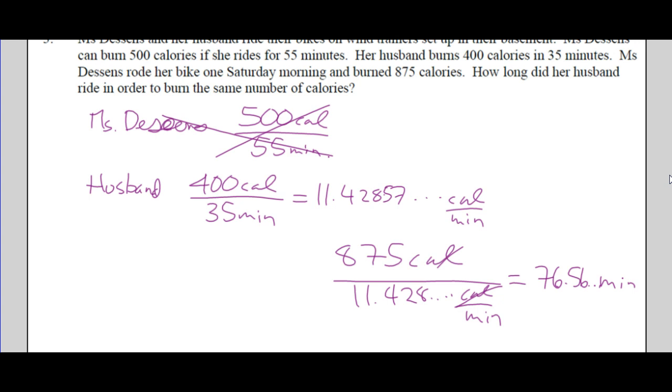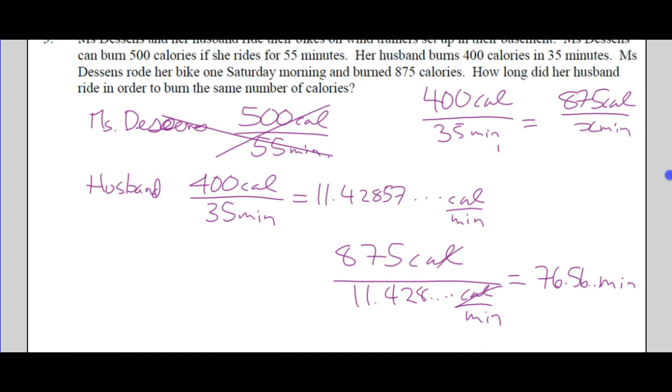Now another way you can set this up is say 400 calories in 35 minutes is equal to 875 calories in X minutes, because we want to solve for this. And then we can cross multiply and divide. So we can say 400x is equal to 35 times 875, or x is 35 times 875 divided by 400.